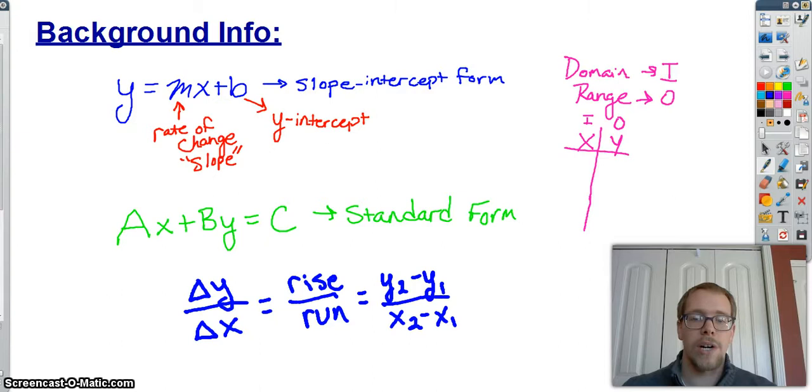So that's what this change in y, change in x means. y2 minus y1 divided by x2 minus x1. Just wanted to go over that and make sure we had a little bit of an understanding, and we'll practice this later on, but how to look at slope and how to determine it.